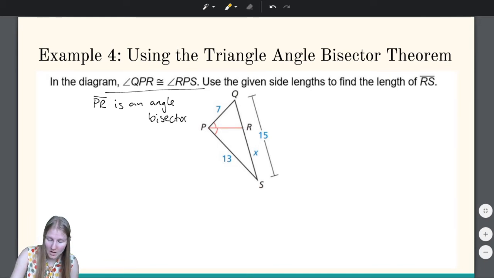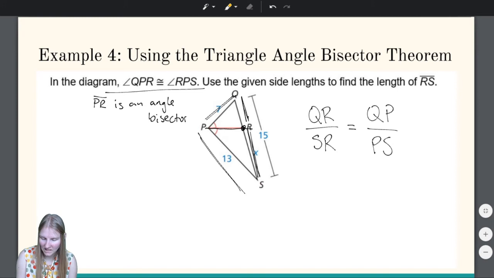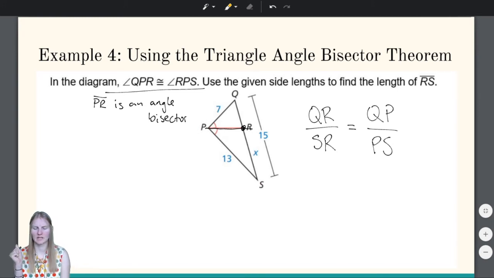I know that the side that the angle bisector intersects creates two segments. So the ratio of QR to SR needs to be equal to the other two sides. So QR is on top, so QP will be on top, and SR is on the bottom, so PS will be on the bottom. Let me erase this so our diagram's a little cleaner.